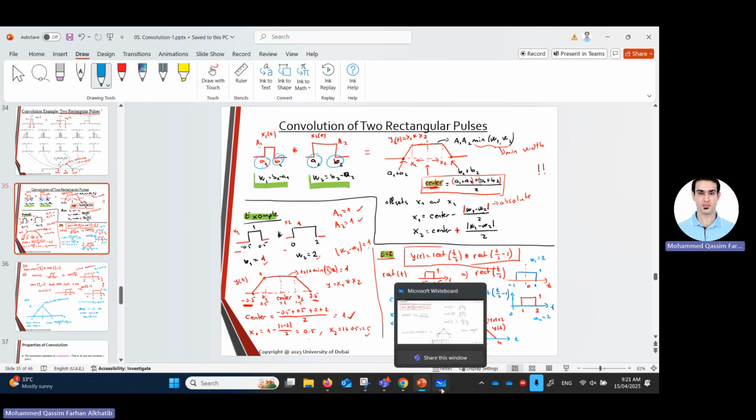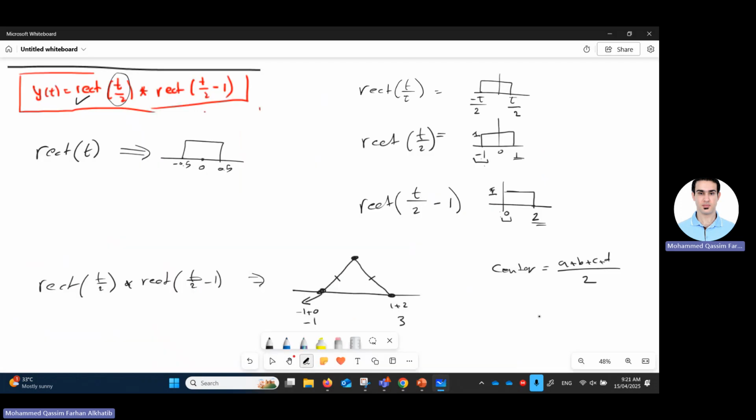So we can say average is just added, then divided over 2. And that equals minus 1 plus 1 plus 0 plus 2, over 2. And the value will be 1. So negative 1 and 1 will cancel each other out. 2 over 2 is going to be 1. So this point here is 1.